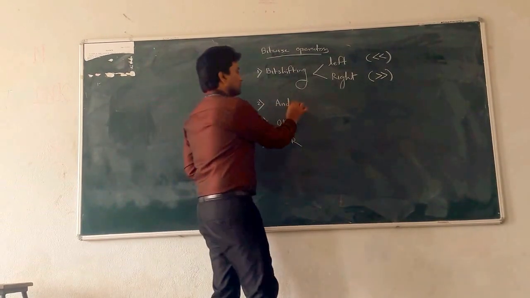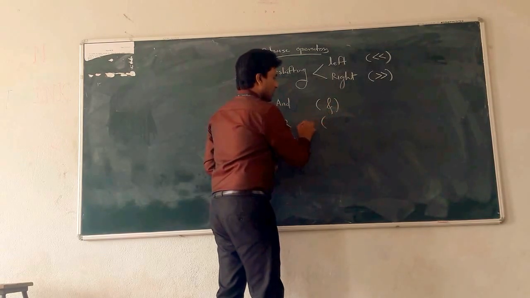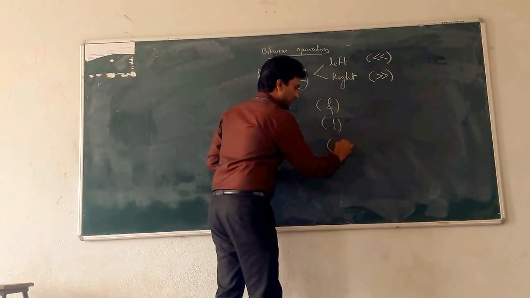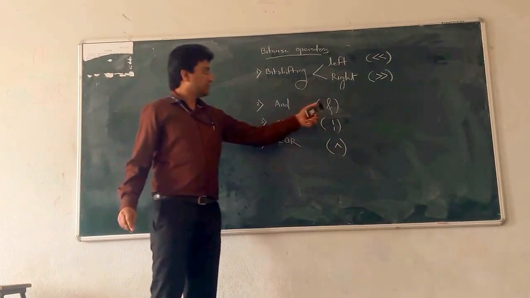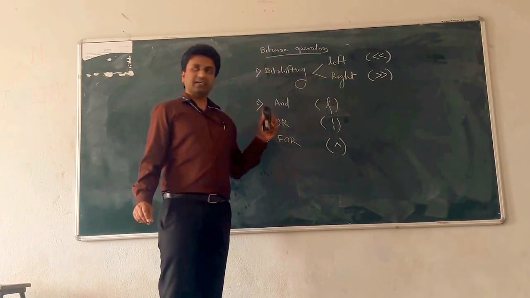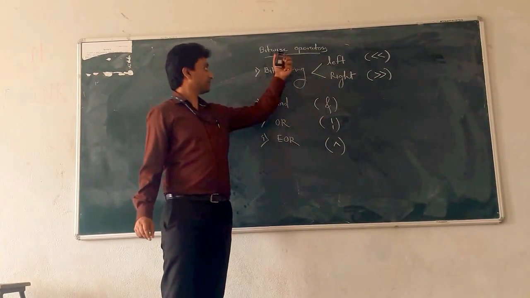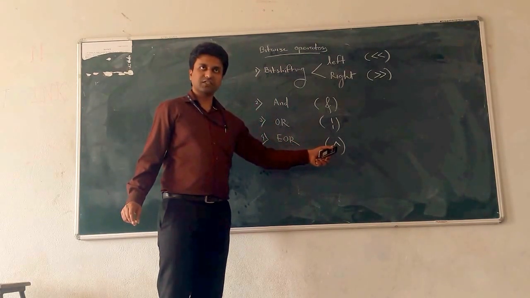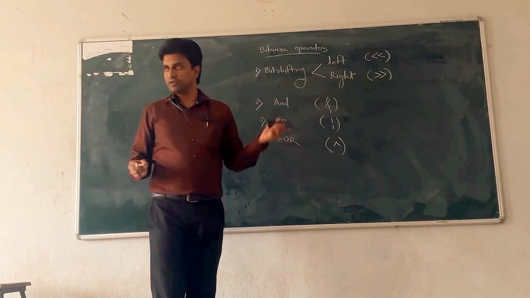AND is denoted by this notation, OR is denoted by a single pipeline, and exclusive OR is denoted by this caret operator. So a single ampersand is a bitwise AND, a single pipeline is a bitwise OR, and this caret notation is called the exclusive OR, or XOR, operator.